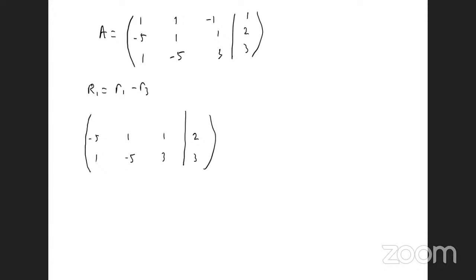So I am getting 1 minus 1 is 0, minus 6, minus 4, minus 2, minus 2. Right, to change row 2 now, I am taking the old row 2 and adding it to 5 row 3.